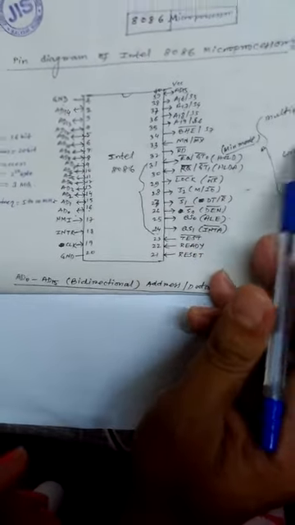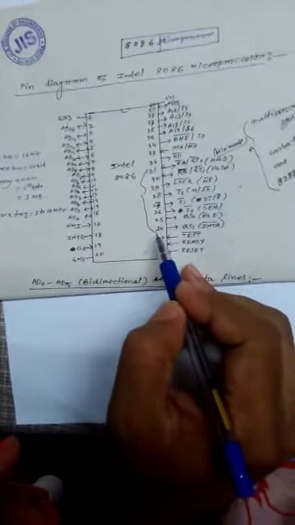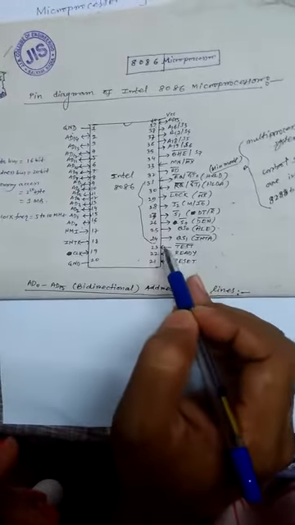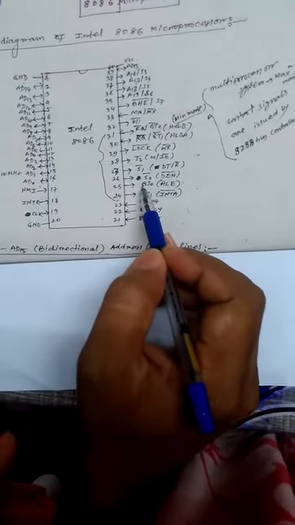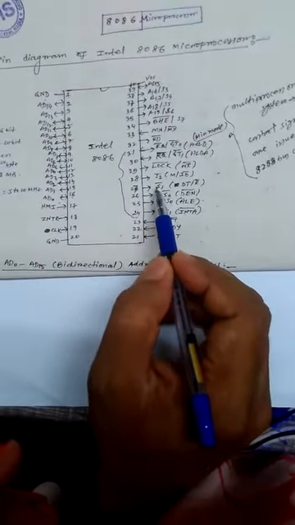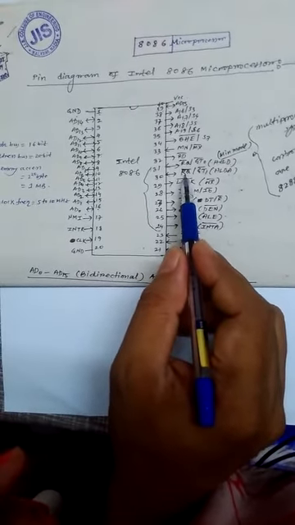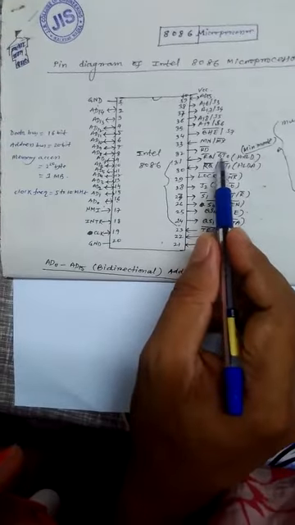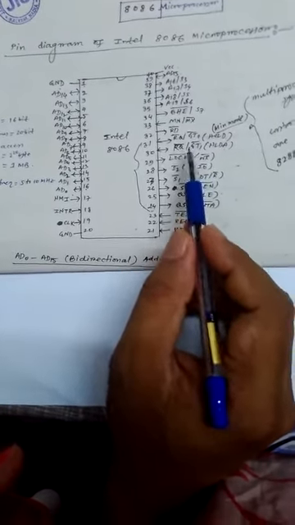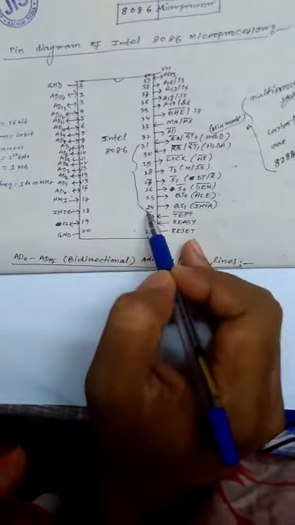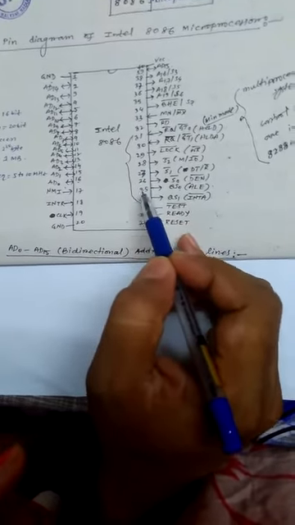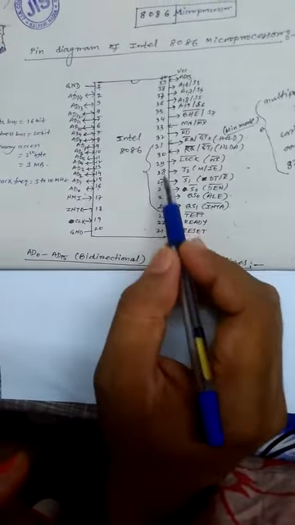And for maximum mode, pin numbers 24 to 31 are used as QS1, QS0, S0 bar, S1 bar, S2 bar, lock bar, request grant 1, request grant 0. So these pins 24 to 31 are used for different functions in minimum mode and maximum mode.